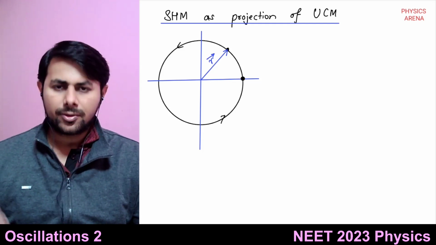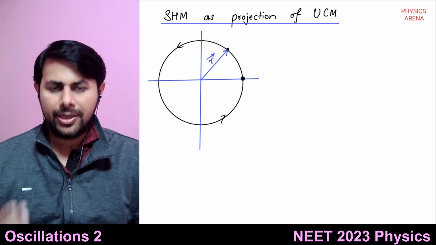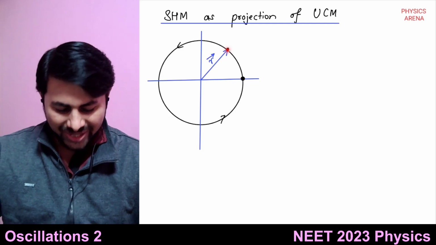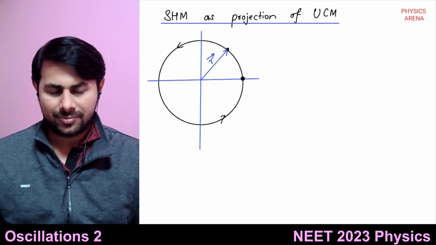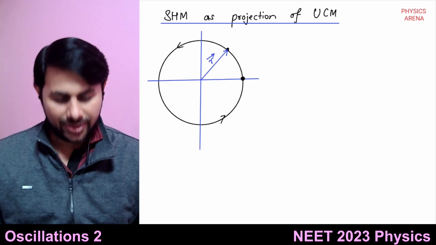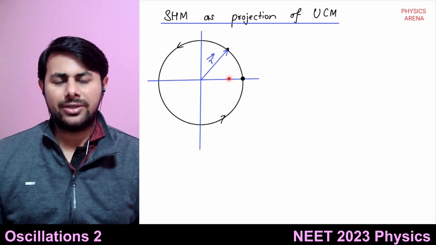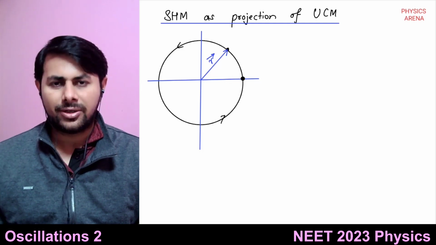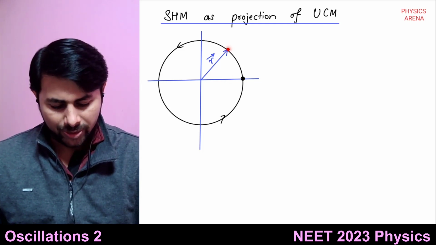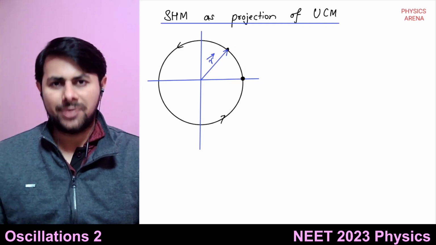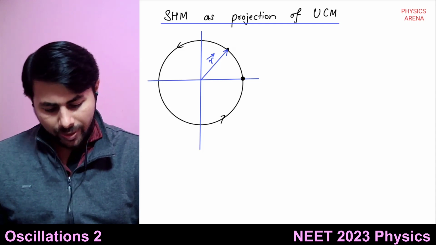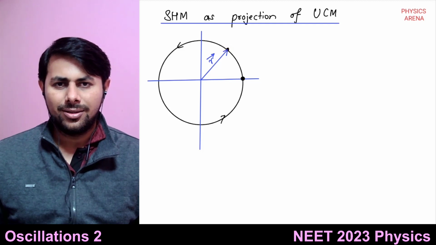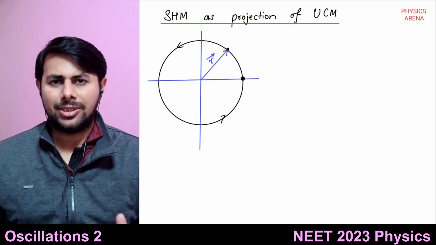Now you draw a perpendicular from position of particle to any diameter. Okay, it will meet at some point, and that point is known as the projection of this point, or this object.